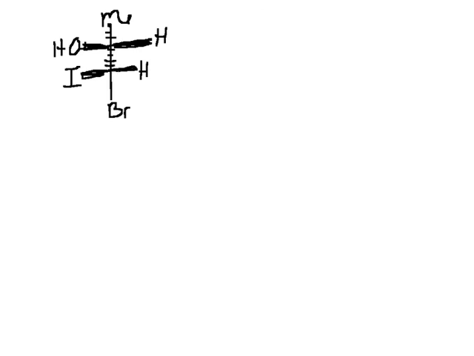Coming out, going away. So first thing you need to do is draw it like this, draw in your wedges and hashes. And then at this point you just need to rank things. So first you have to decide, if you call this carbon here and this carbon here, do they both have 4 different things bonded to them? Are they both sp3 hybridized and have 4 different things bonded to them?